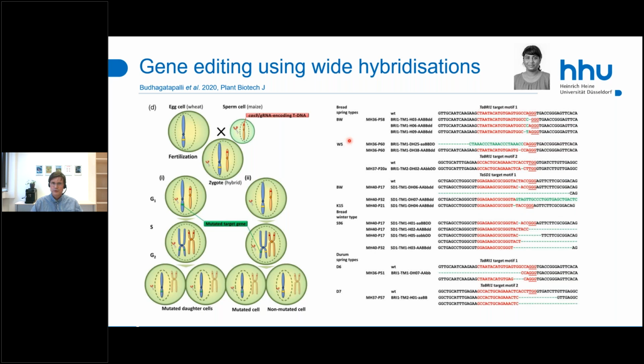She could induce mutations in bread and in durum wheat, and she could also show that you can use this for several accessions or genotypes. This is a cool technology which can be used to circumvent the problem of transformation.